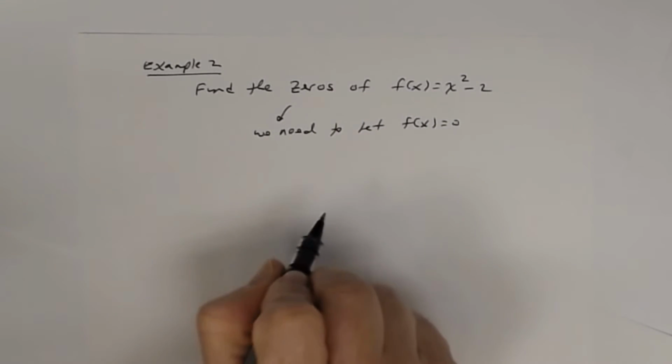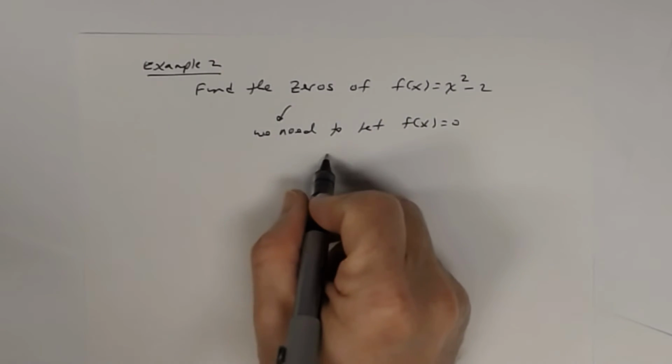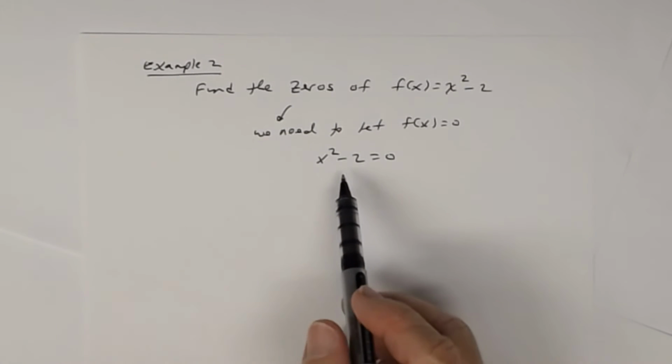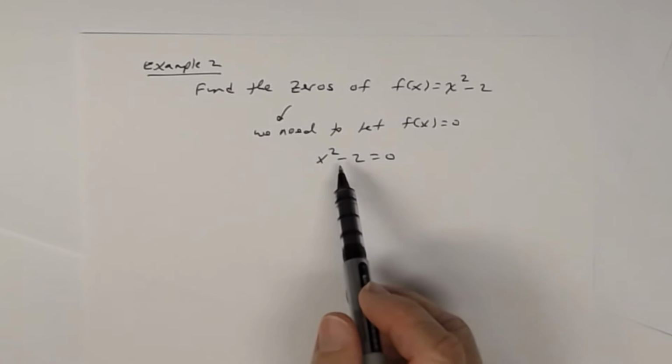So solve that equation. I'm going to set this function equal to 0. So x squared minus 2 equals 0. Notice that in this case, I can solve this quadratic equation by using the square root property.